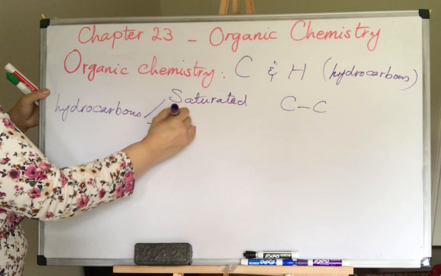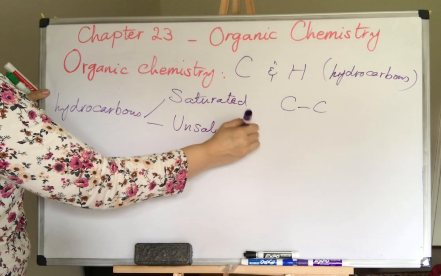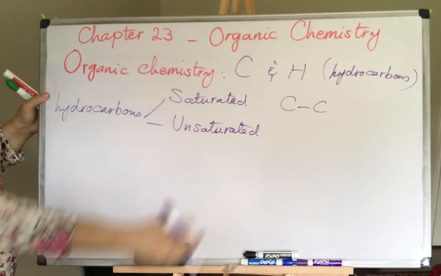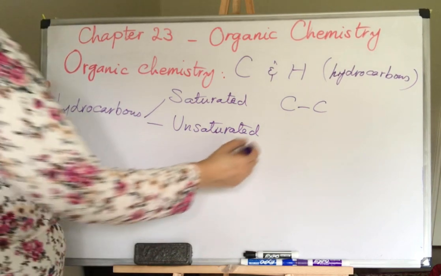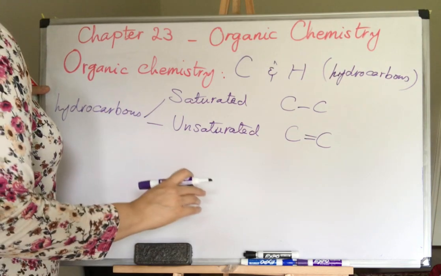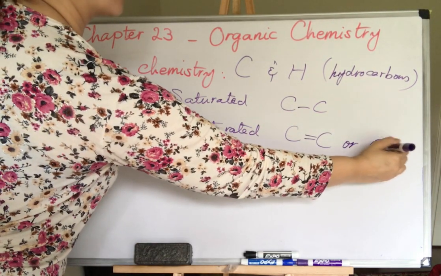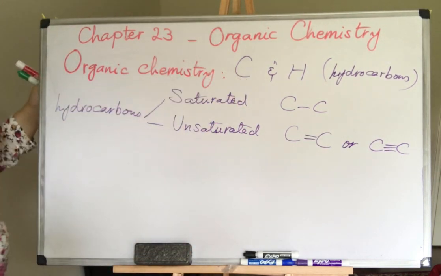You can also have unsaturated hydrocarbons, which I will talk about, all of these types of hydrocarbons. Again, it's just an introduction, the headlines. Unsaturated hydrocarbons can have either double bonds, they're not saturated, you can add something to them, or they can have a carbon-carbon triple bond.